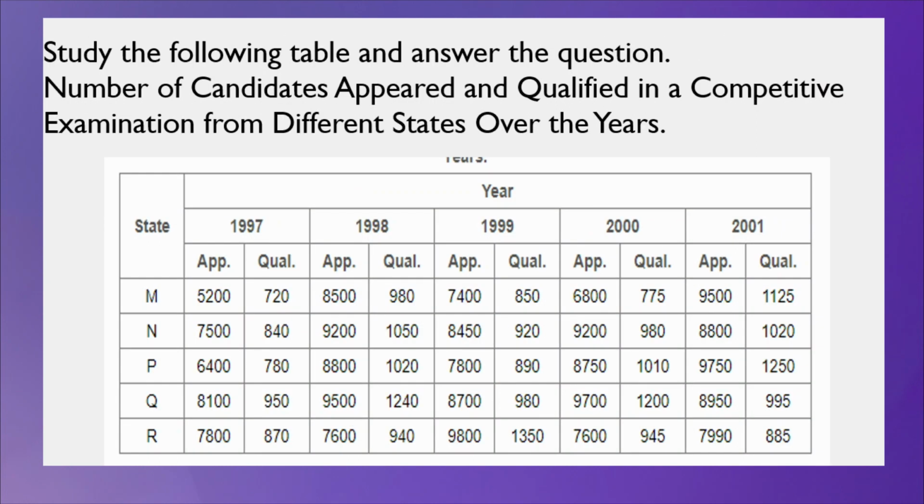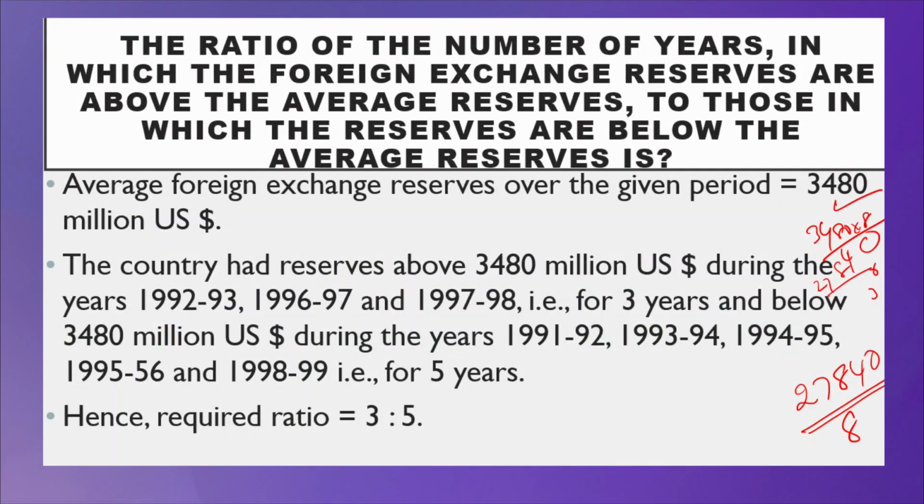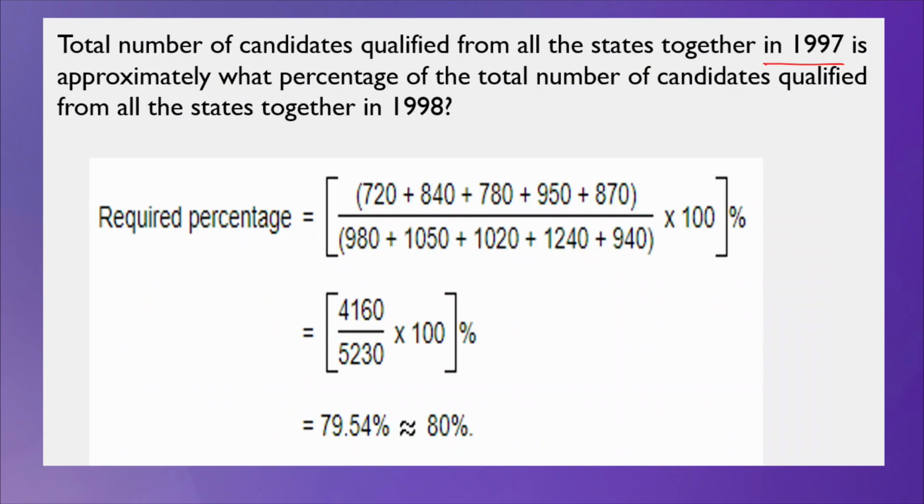In 1997, you have to add all the values: 720 plus 840 plus 780 plus 950 plus 870. Clear? Okay. And what is the next one?